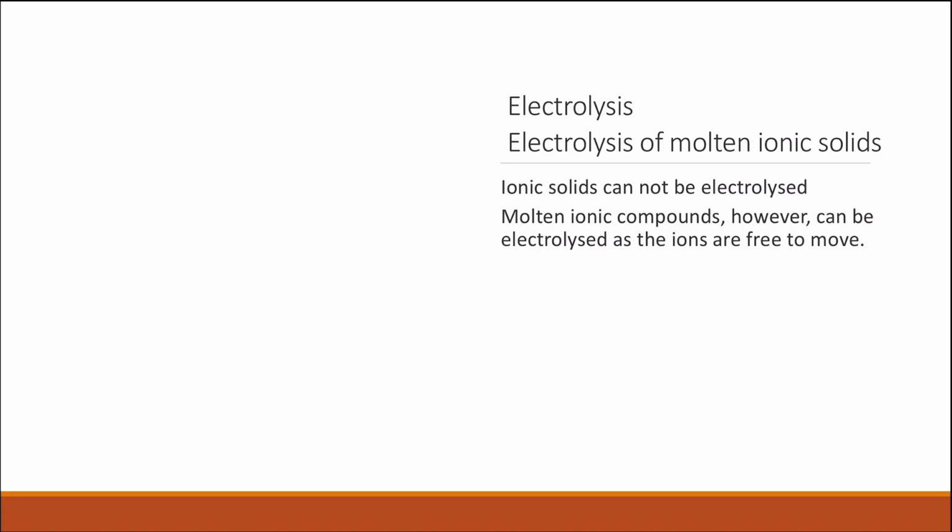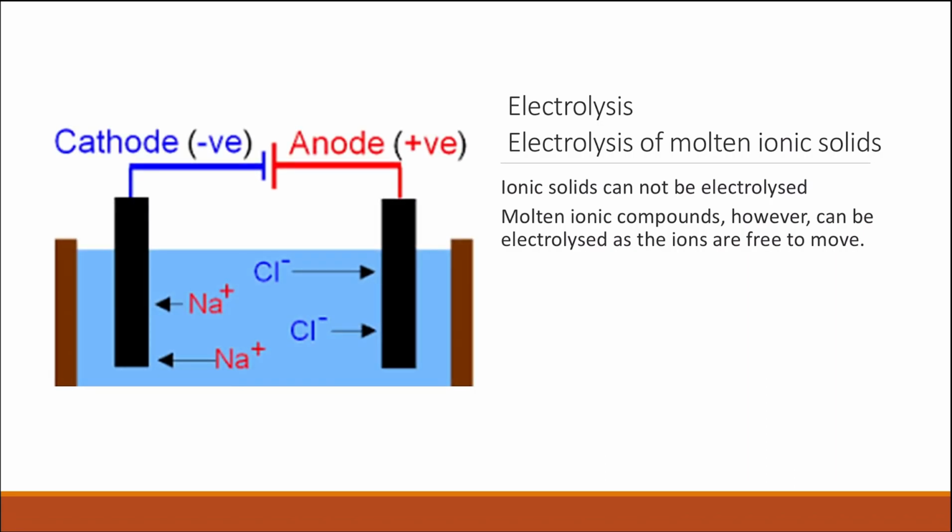When you melt the molten ionic compound, however, the ions are then free to move. So they can be electrolyzed, and we can use electrolysis to do the oxidation and reduction of the different ions. An example of this is the electrolysis of molten sodium chloride.